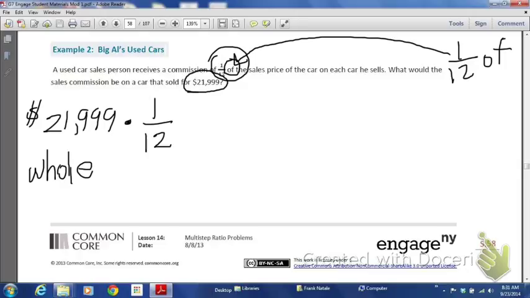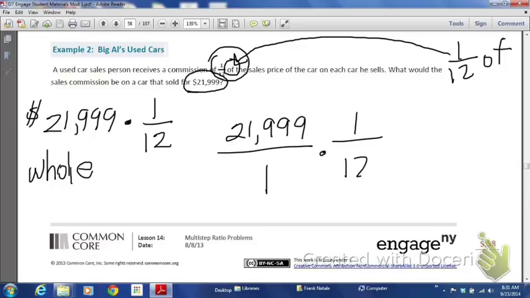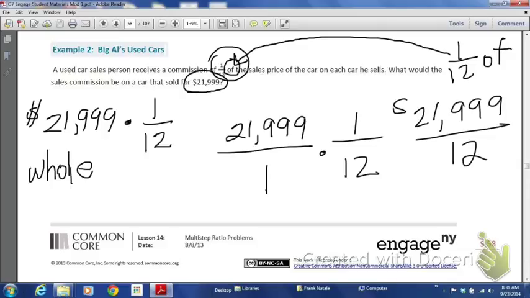Okay, and if I do that, I could just come over here and I'll just put it out again. Of course, if you want to do this correctly, you can do 21,999 over 1 times 1 over 12. And of course, that's going to be 21,999 over 12. And what that means is 21,999 divided by 12. Okay?